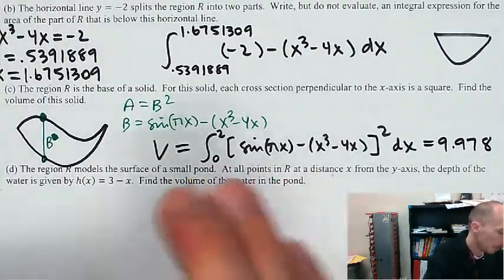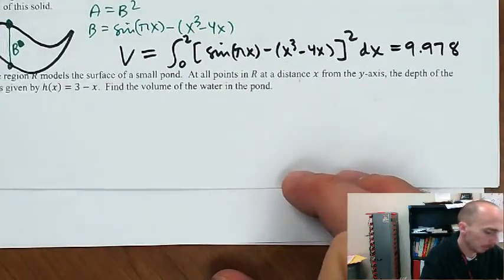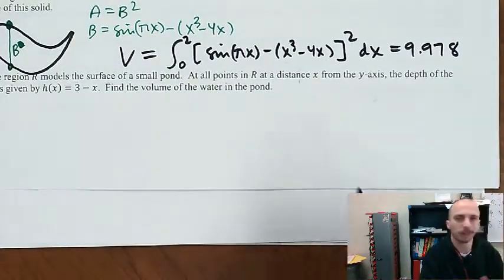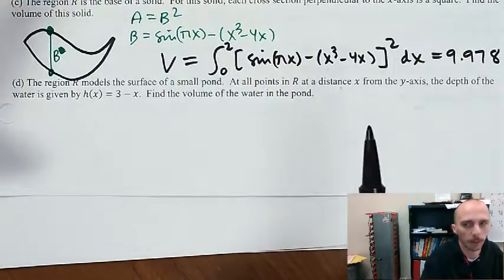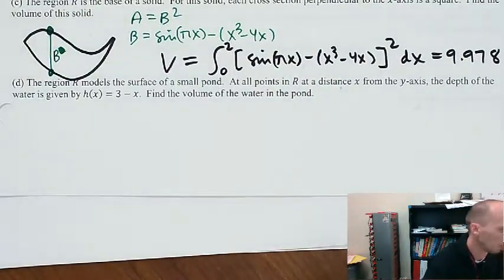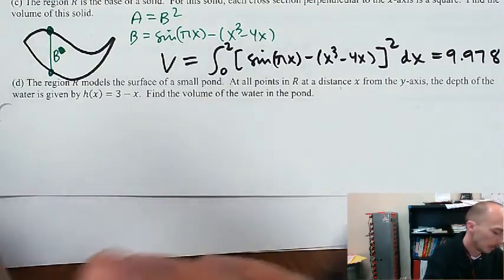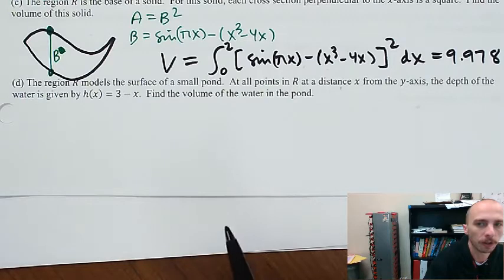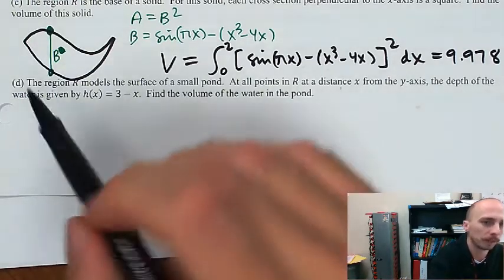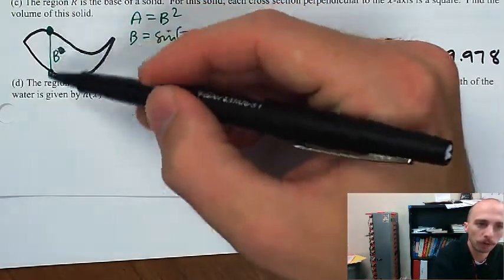Always 3 decimals. Now this one might be the hardest problem, just in terms of knowing what to do, because almost always they give you more direction, like rotate this around an axis, or cross sections are this. My interpretation of this is if the depth of the water is given by 3 minus x, then it doesn't matter how far you are vertically.